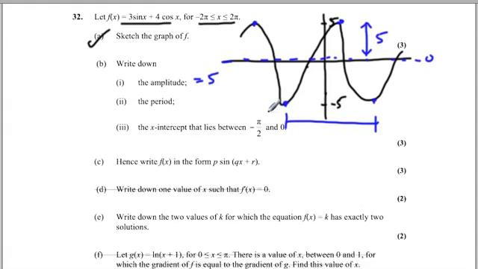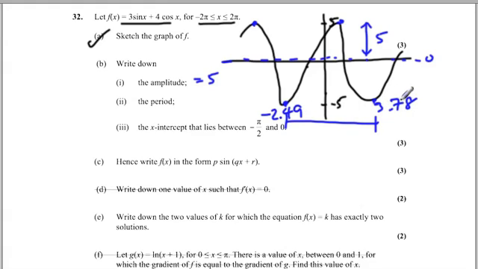So this point right here is negative 2.49. And now let's go all the way to the other point, which is somewhere close to 3 actually. So let me get the exact value. Left bound, right bound. So it's 3.78. Okay?